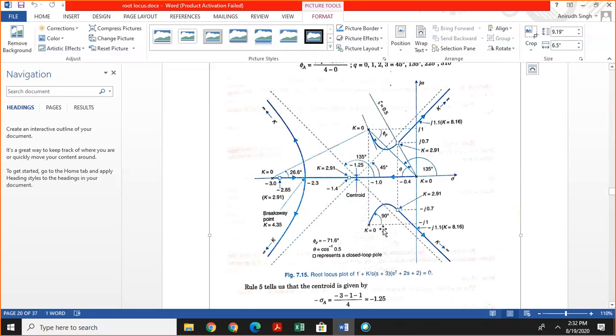So this branch starts from this angle, and along this asymptotic line it tends to infinity. Similarly, this branch starts from this open loop pole, and along this line the root locus tends to infinity.